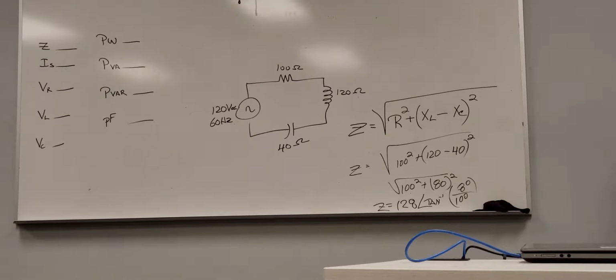So we're looking at an arc tangent of 0.8. If you go in your calculator, hit second function tangent, hit 0.8, you get 38.66 degrees.